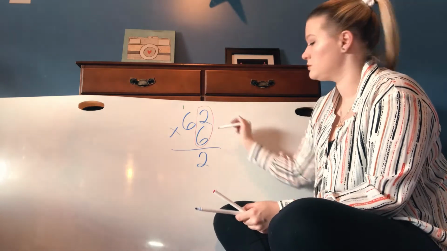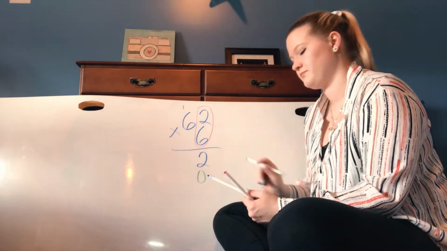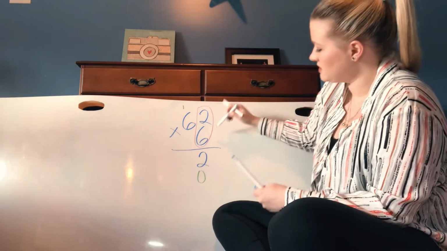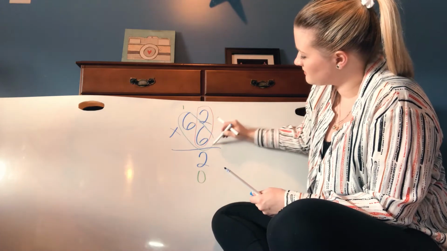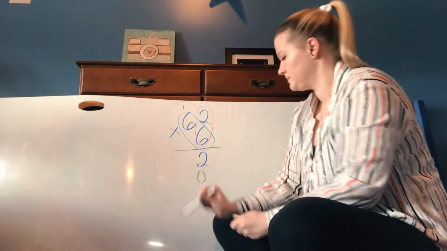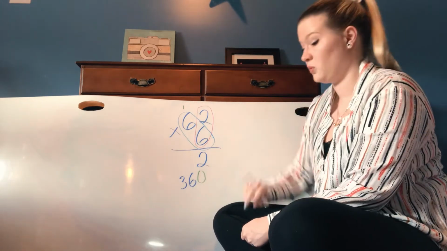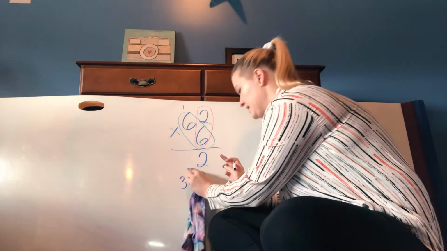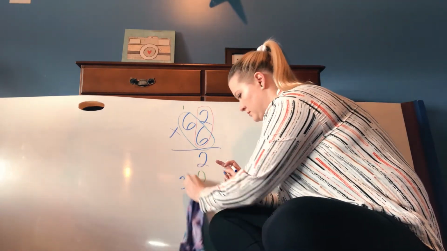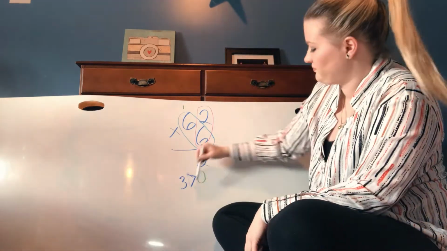Now we're moving on to multiplying in the tens column. So we have to say that we're done in the ones column, and now we're moving on to the tens column, which is 6 times 6. 6 times 6 is 36, plus 1, which is 37, almost forgot that guy up there.